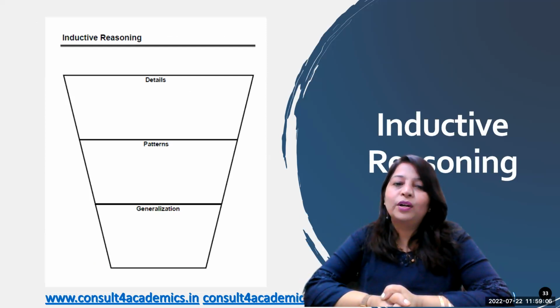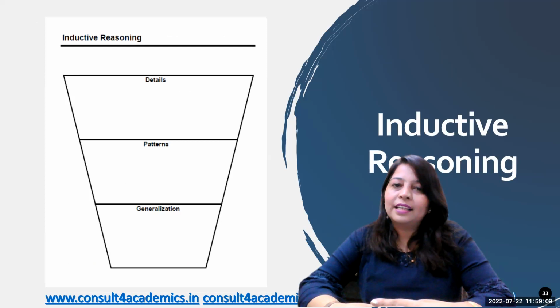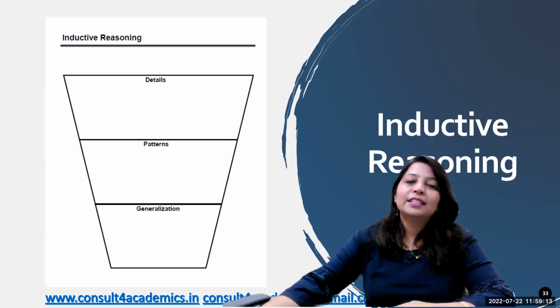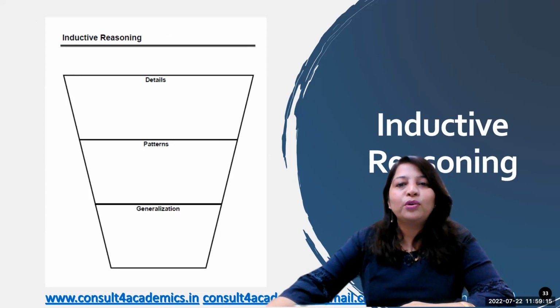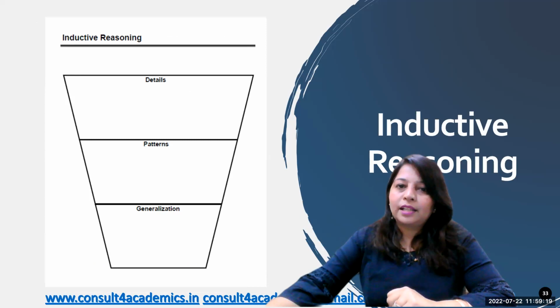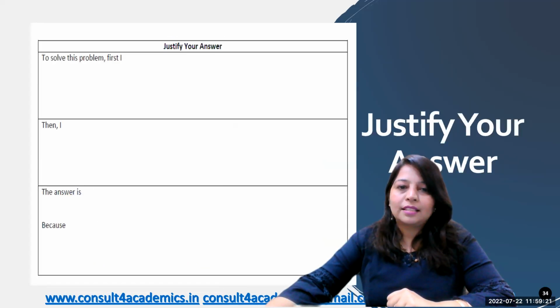They have to write the generalization, they have to write the patterns, they have to write the details, right? So that's inductive reasoning. We have been doing in our classes, inductive and deductive, both the type of teaching we have been doing in our classes. Now, justify your answer.